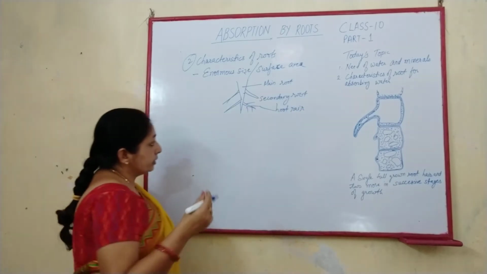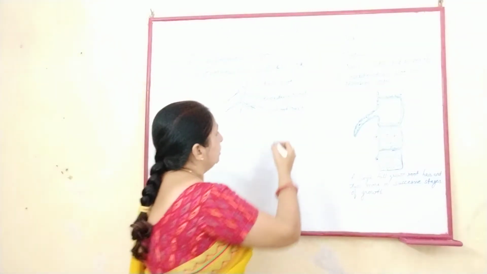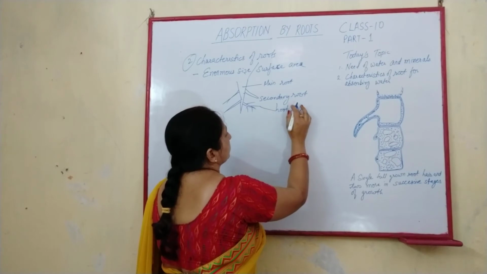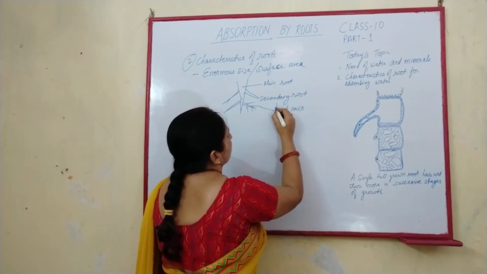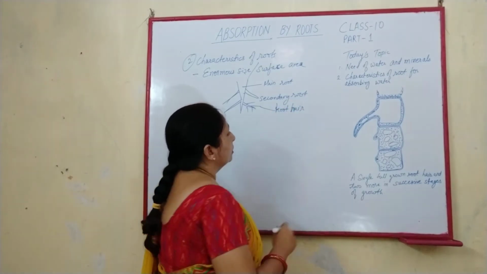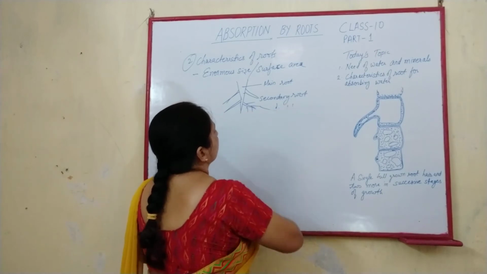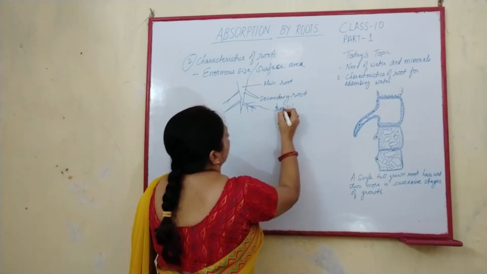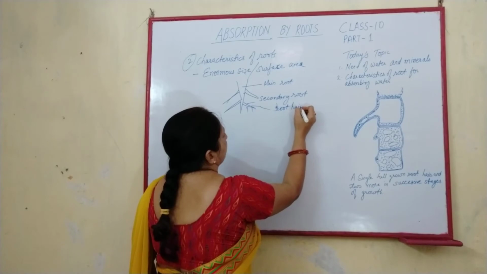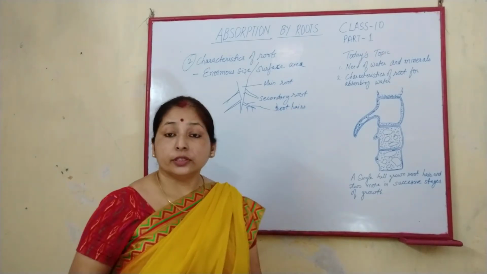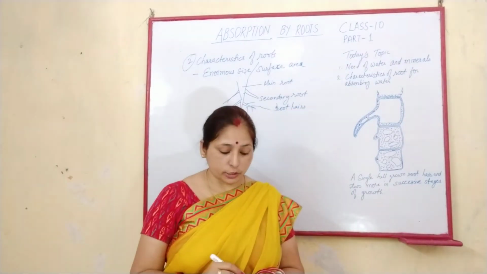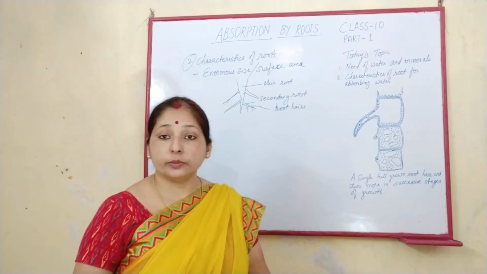All these secondary roots and root hairs are root hairs. The role of secondary roots and root hairs is to increase the surface area of absorption.